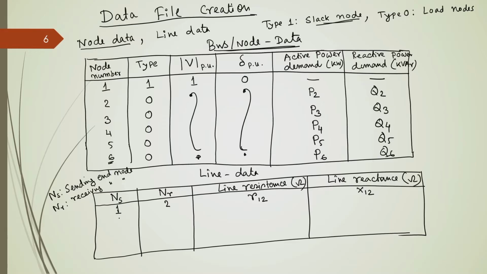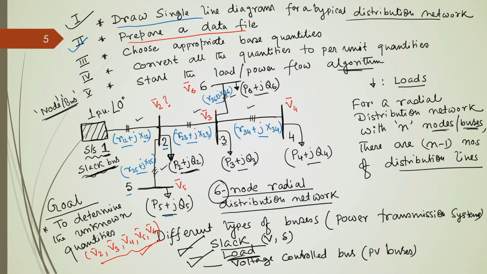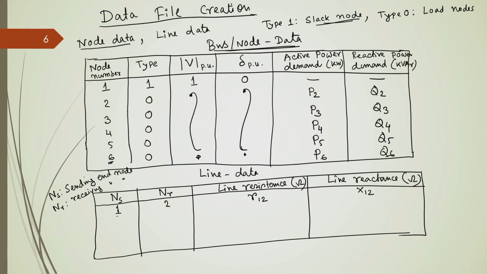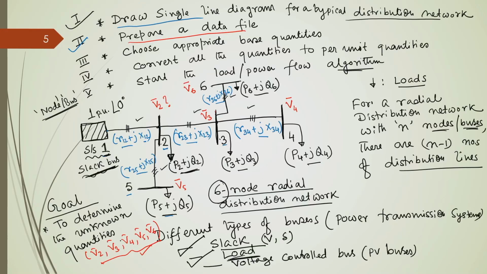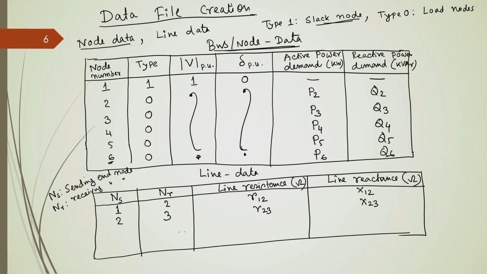Similarly, the next line is between node 2 and node 3, with resistance and reactance R23, X23. The next line is between nodes 3 and 4, R34, X34.